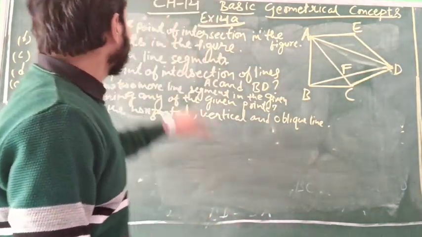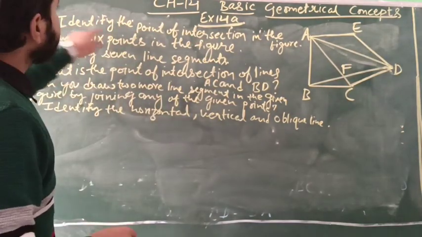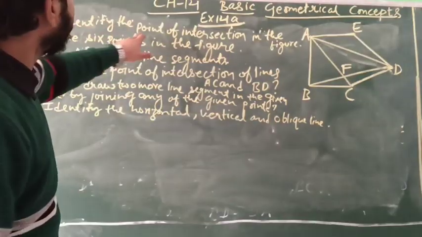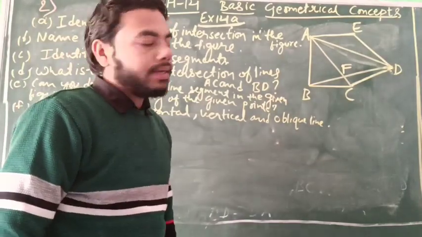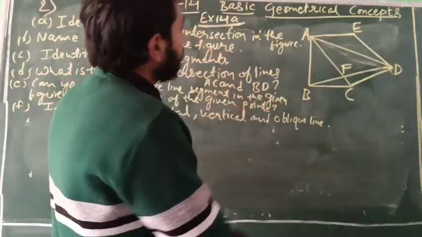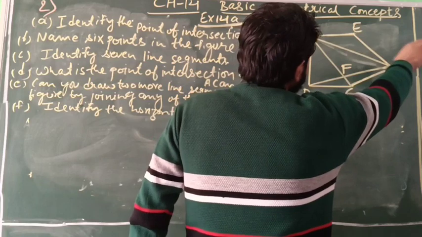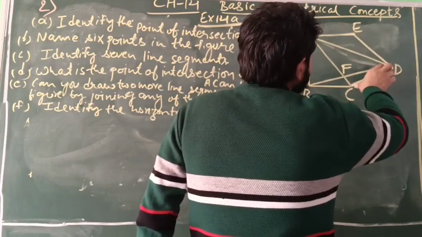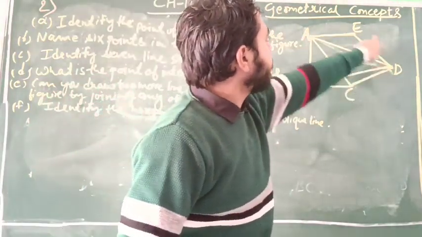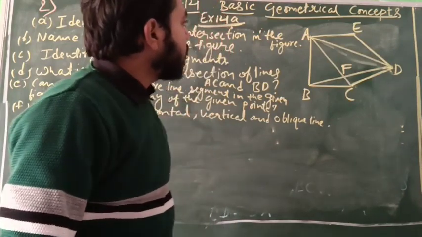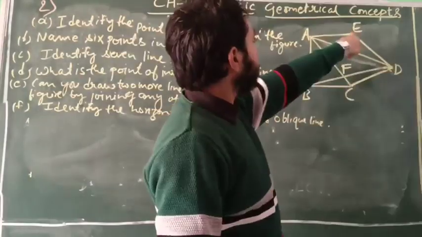Now we will talk about question 2. That is question 2: Identify the point of intersection in the figure. In this, you have to use the figure AEB, CB, or we can say ABCDE.